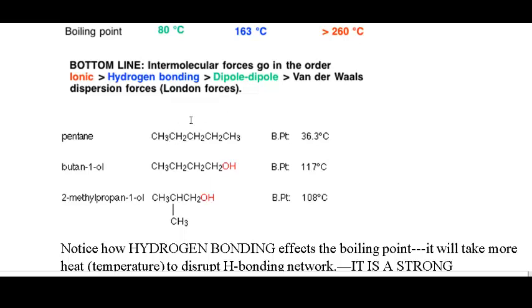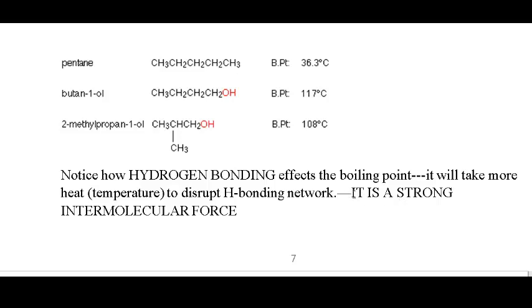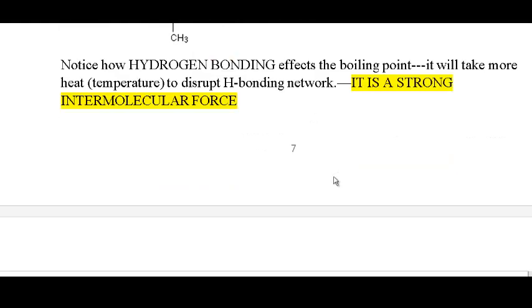So nonpolar interactions here, hydrogen bonding interactions here, and that's why you have such a stronger increase in the boiling point to break the intermolecular forces of the alcohols compared to the alkanes, such as pentane. Okay. So the bottom line in this chapter, in this context, hydrogen bonding is a strong intermolecular force.